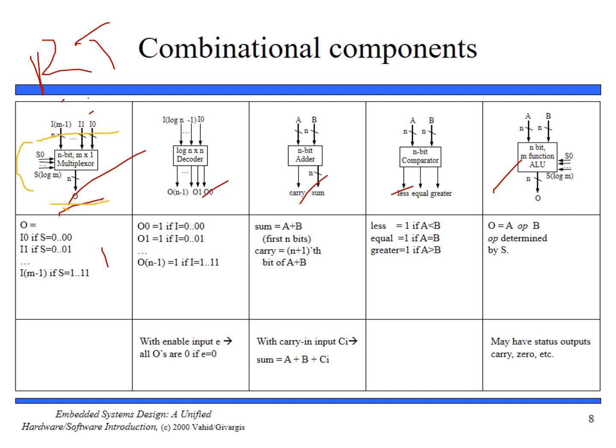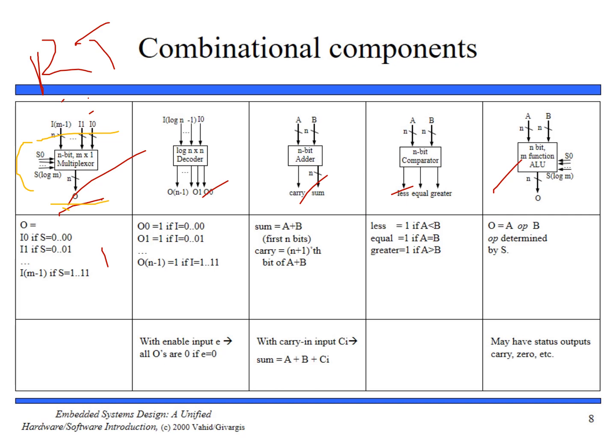For example, if we have 0 0 0, it means I0 passes through. If we have 0 0 1, it means I1 passes through. If we have 0 1 0, it means I2 passes through. For example, an 8 cross 1 multiplexer has 8 data inputs and thus has 3 select lines.